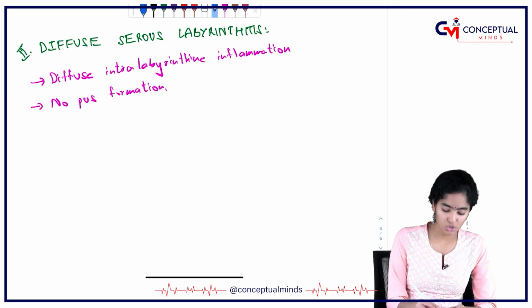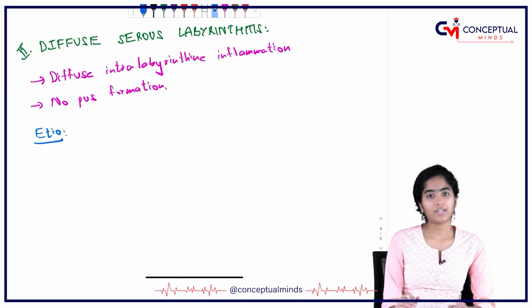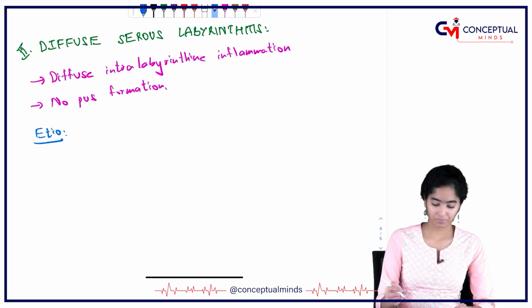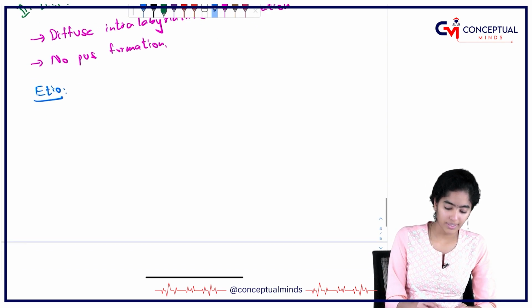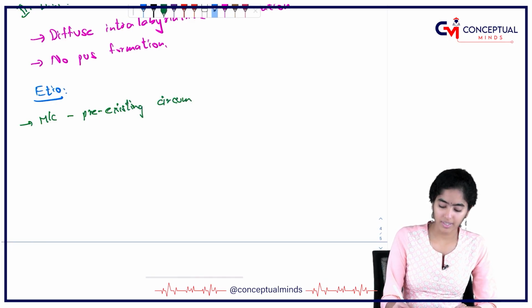What is the etiology for diffuse serous labyrinthitis? Most often it arises from the pre-existing perilabyrinthine circumscribed labyrinthitis. We have discussed in circumscribed labyrinthitis that in late stages it becomes diffuse. So this is also associated with a chronic suppurative otitis media or cholesteatoma.